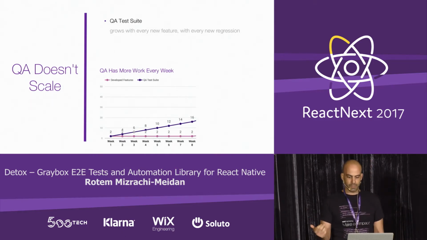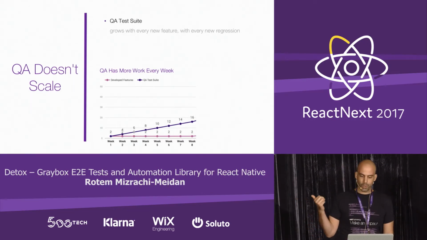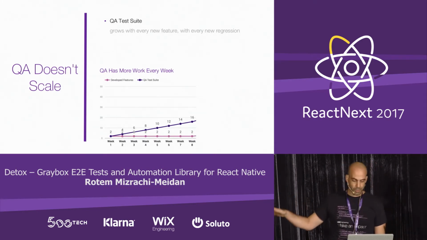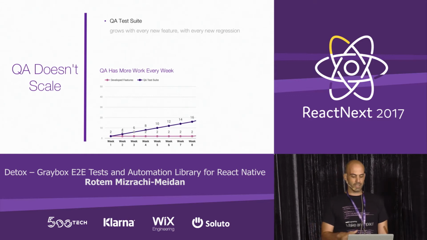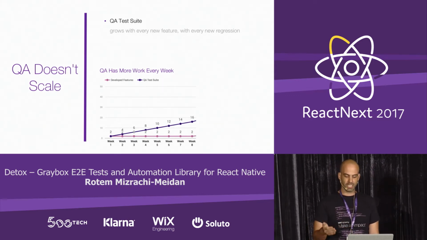The graph on the bottom shows the number of developed features every week. I'm sorry, guys. And the graph on the top shows the number of test suites that the QA needs to go over. So the QA test suite will always grow, meaning that even if development continues at the same pace, QA will always have additional work on each release.